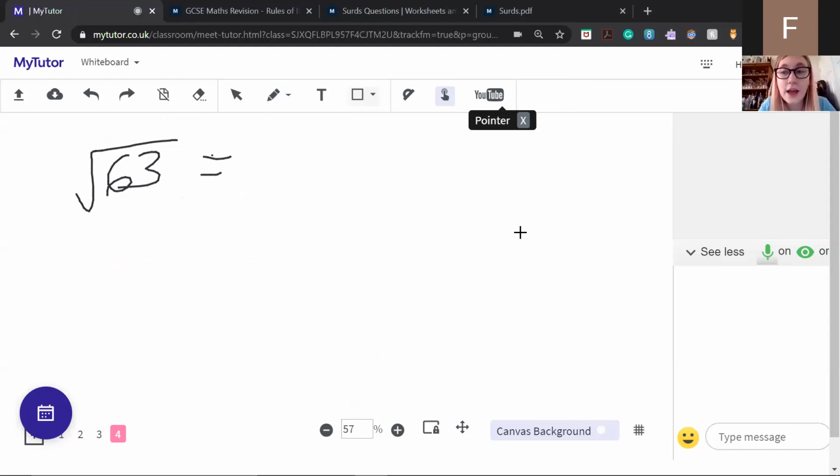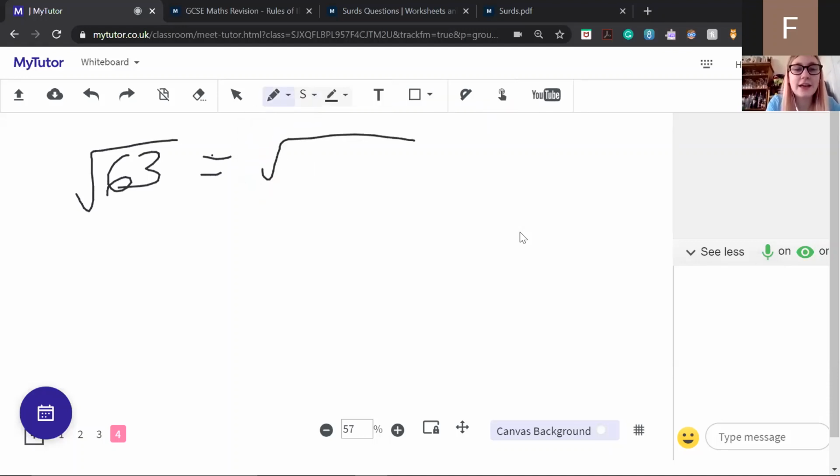And again, you will get good at spotting these, I promise. Root 75, if you do lots of practice questions, you'll see it more than once. You'll start to see the same ones coming up again and again. So we can write this as 9 times 7. Again, that's just another way of writing 63.